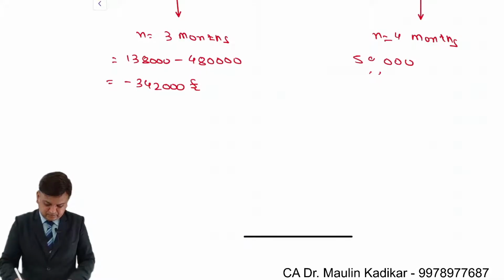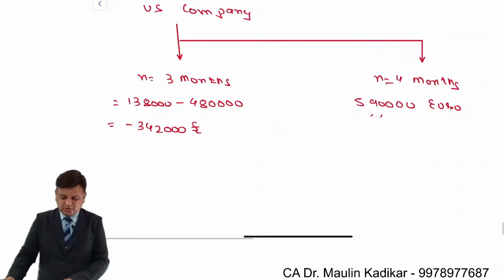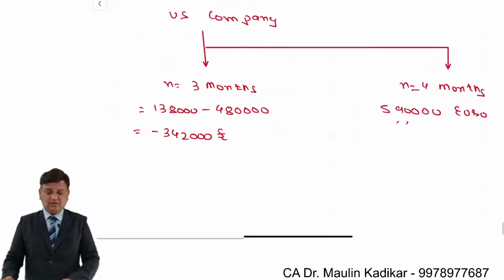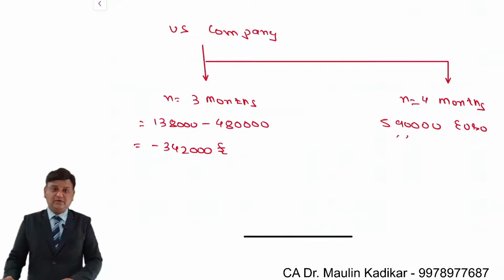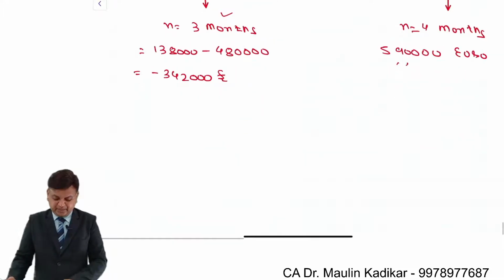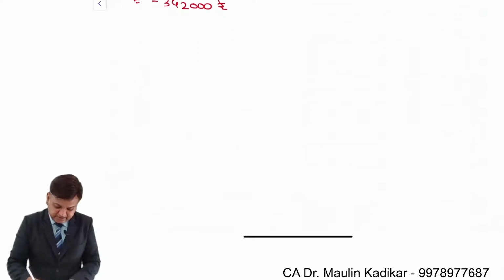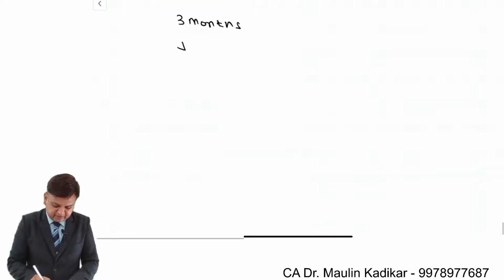Okay. So what will happen, friends? Now over here we understand that the US company will enter into the forward contract. I'm talking about 3 months first of all. So I'm writing the heading as 3 months, and I'm writing forward contract.